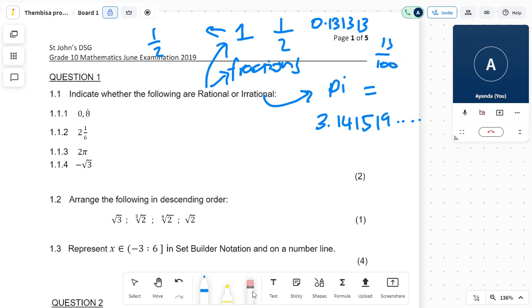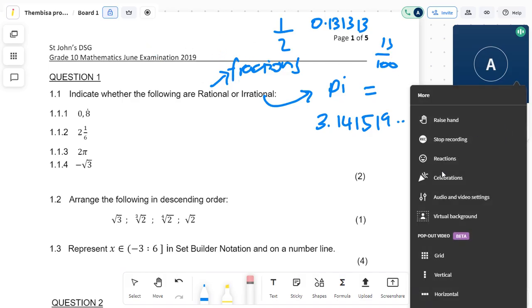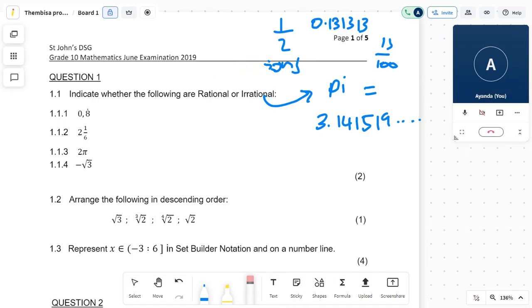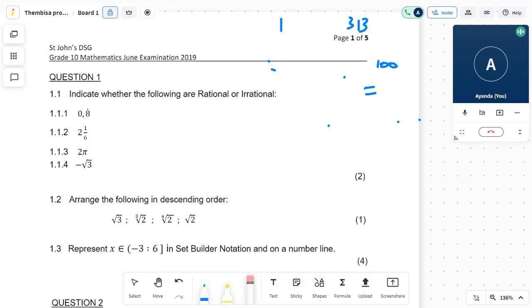So that's what we have to get clear first. What's the difference between rational and irrational numbers? So we're going to apply the same logic to the numbers that we've been presented with in this question.